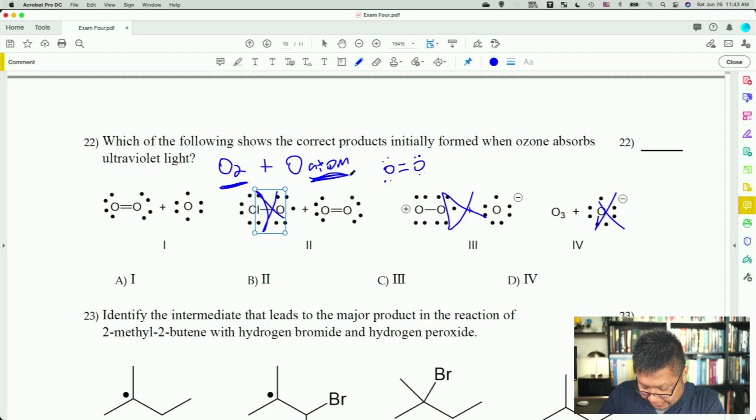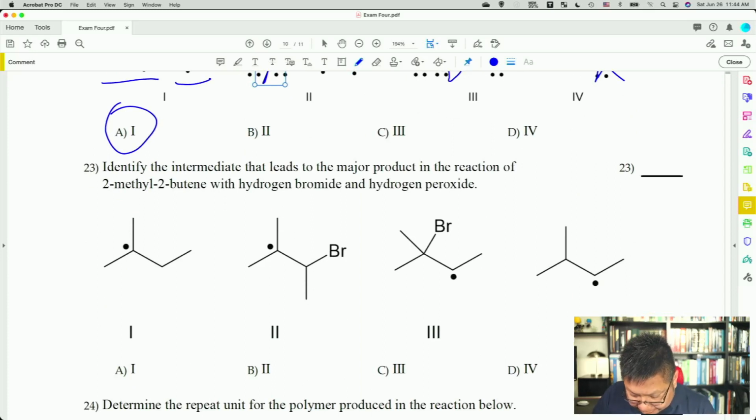And the one single atom of oxygen actually has 6 electrons on it. The answer here would be A. It's the only one that's right. There's the correct Lewis structure for O2, and the correct Lewis structure for a neutral oxygen atom. So it's A.